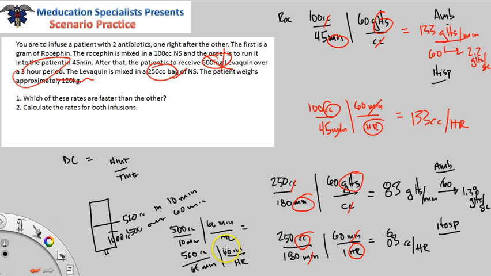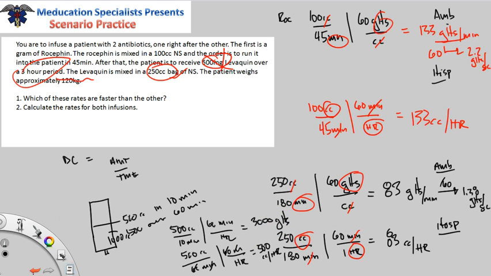You can see easily here that cancels out, that cancels out. Minute, you're left with 500 cc's an hour for the bottom, and 60 times 500 in the calculator equals 30,000. Divided by 10 equals 3,000.